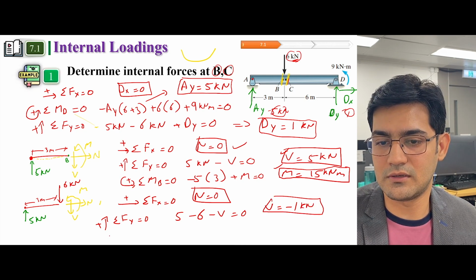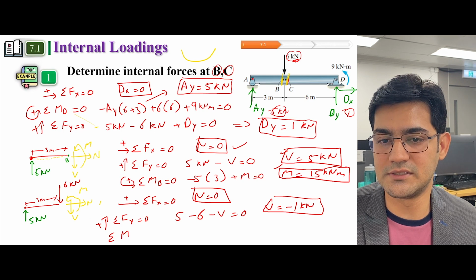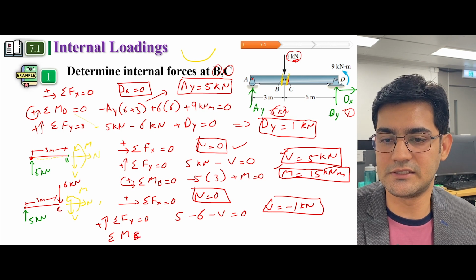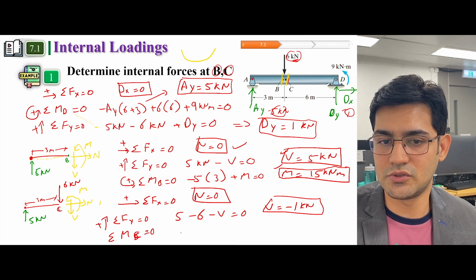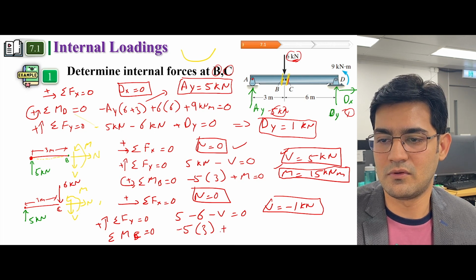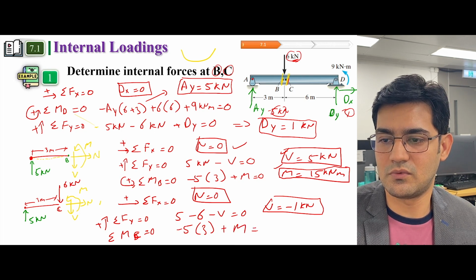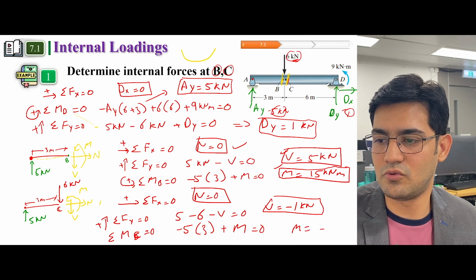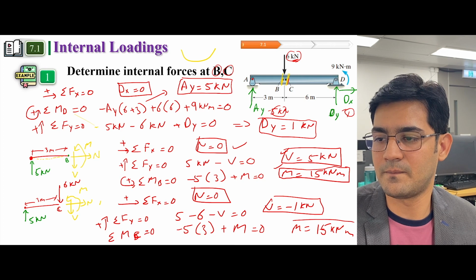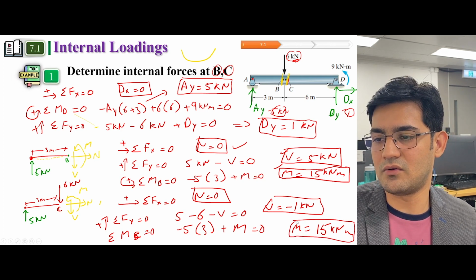And if we want to calculate moments, we calculate summation of moments at point B equal to 0. Oh sorry, it's C equal to 0. If we do this, we will get 5 into 3, and all the other forces are 0. So we will get moment equal to 15 kilonewton meter. So that's how you calculate.